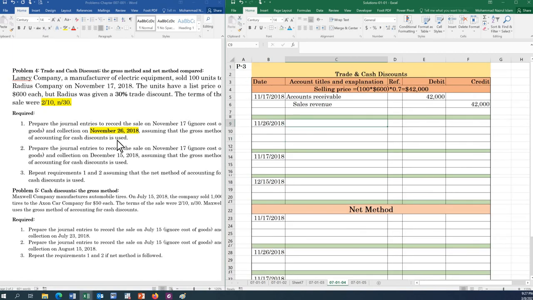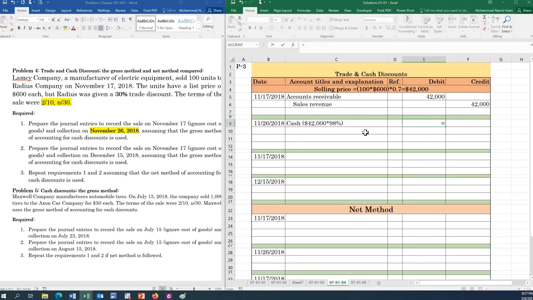Okay, and on November 26 we are receiving the money. So November 17 and 26, so it means that they are paying within 10 days. Okay, so in that case what we will do, we are receiving cash. How much cash we are receiving? We are receiving 98% of 42,000. Okay, so what is that?